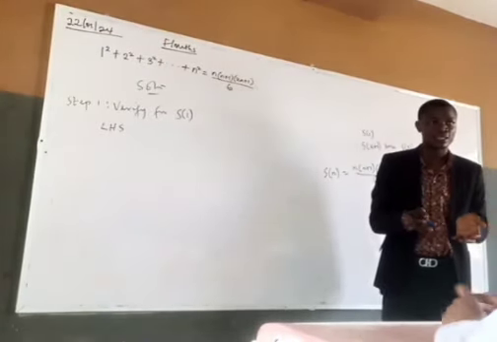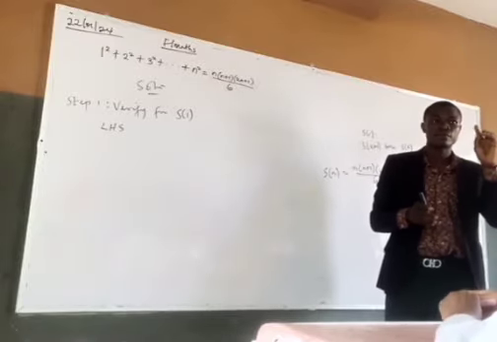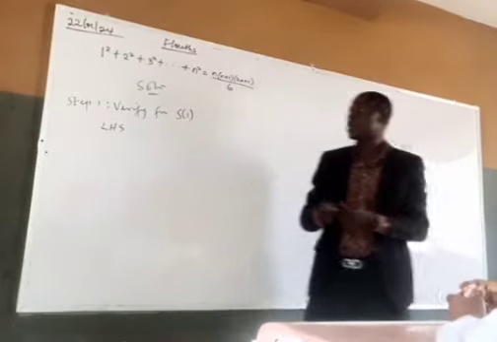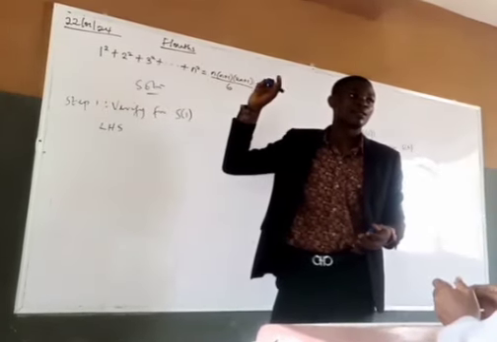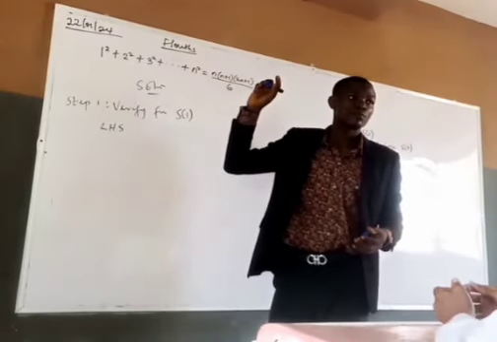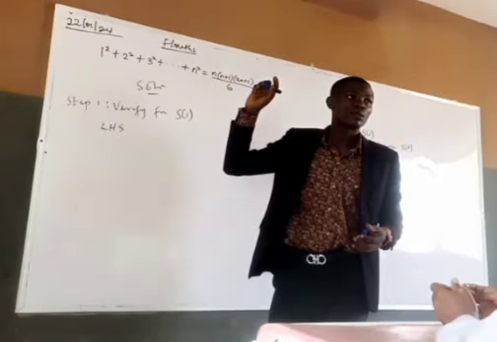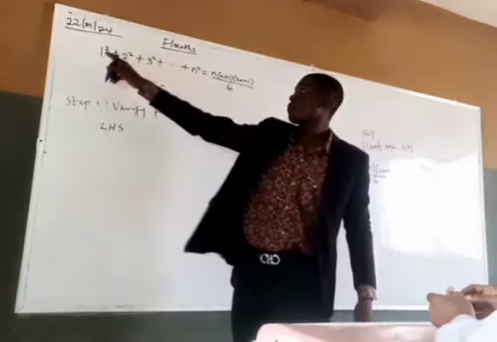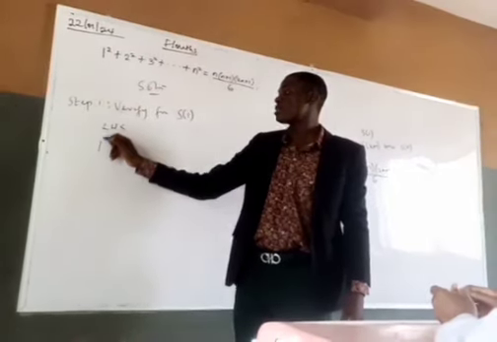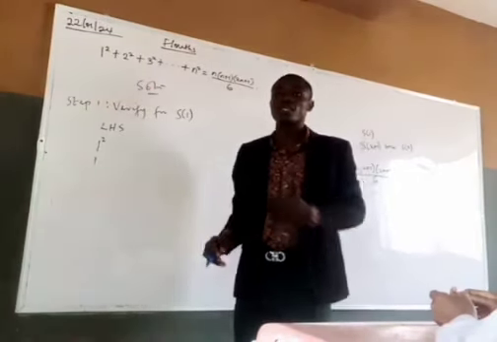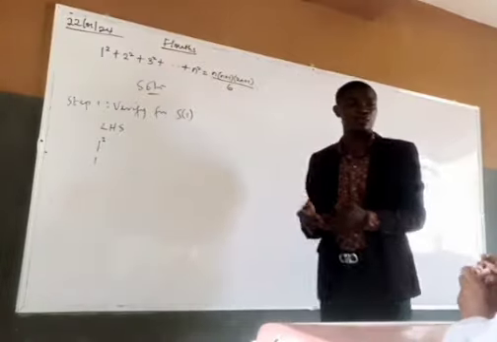So you count just the first term. Success, what is the first term here? 1 squared is the first term here. And 1 squared is 1. So the left-hand side resulted to 1.